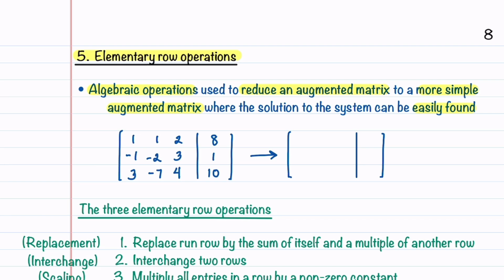We started with the augmented matrix on the left, and we ended up with this augmented matrix on the right. So you can see that the augmented matrix on the right easily tells us that our solution is 3, 1, 2. These augmented matrices are what we would call equivalent, because they produce the same exact solution.